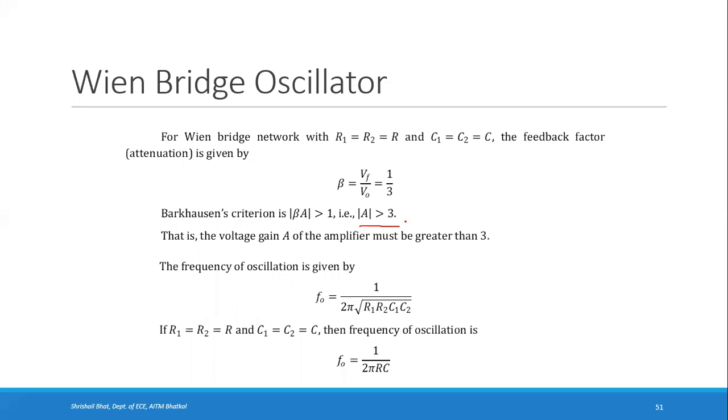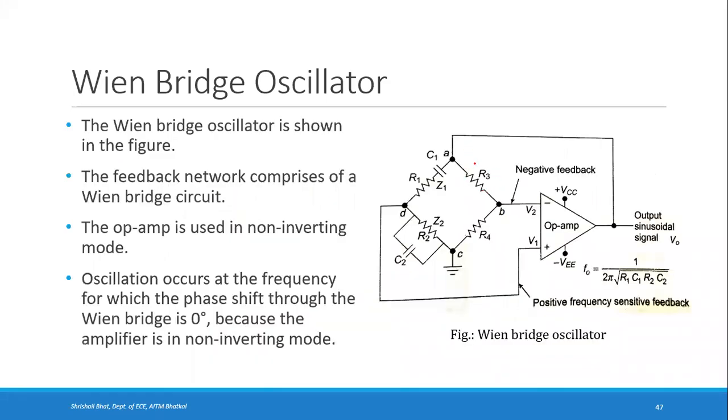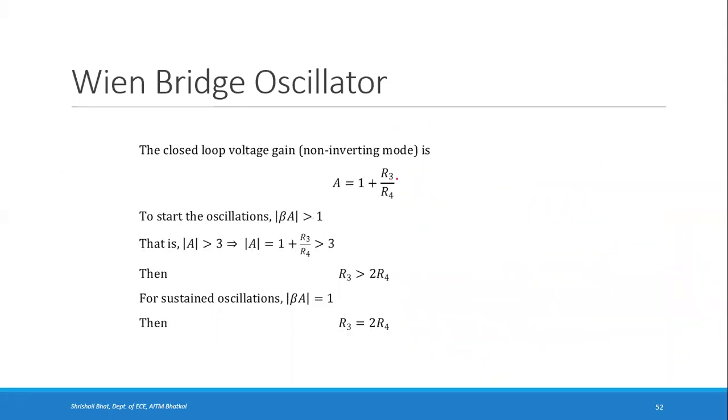In this particular case, in place of RF we have R3, and in place of R1 we have R4. So 1 plus RF by R1 can be written as 1 plus R3 by R4. That's why A is equal to 1 plus R3 by R4.